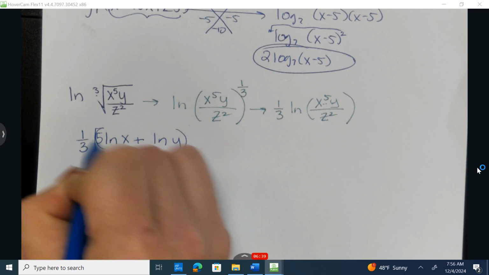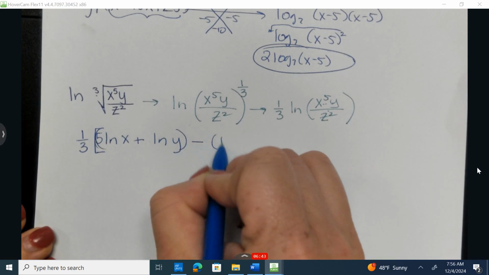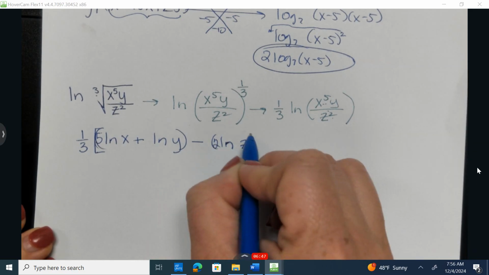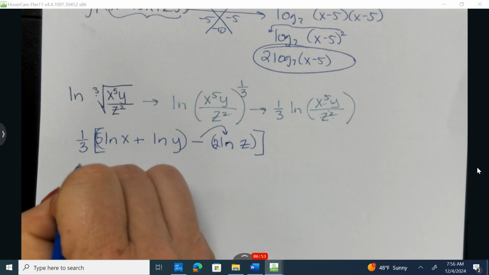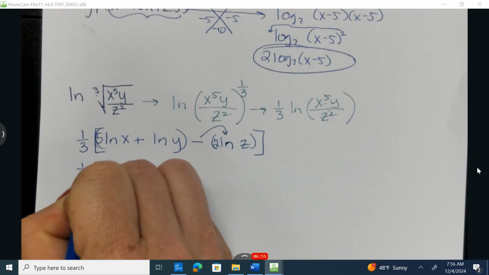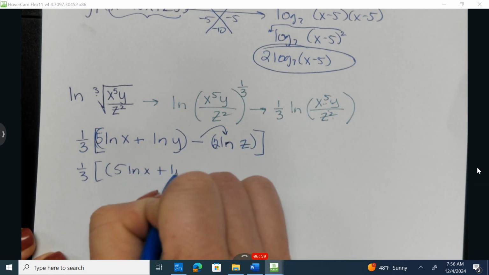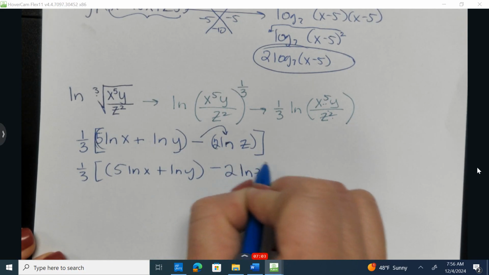So there's the numerator, division turns to subtraction, and then I have the ln of z squared. The squared is going to go in front. Now when I distribute that subtraction sign, there's only one thing it's distributing to. So I have 1/3, 5 ln of x plus ln of y, subtract 2 ln of z.